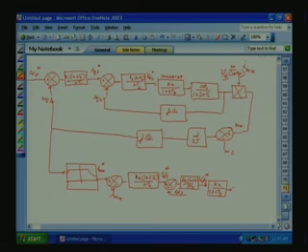It will pass through 1 by RS. Here this is not S sigma TS, because in the Q axis it is because of the leakage time constant. So this is 1 plus STS. TS is the stator time constant.